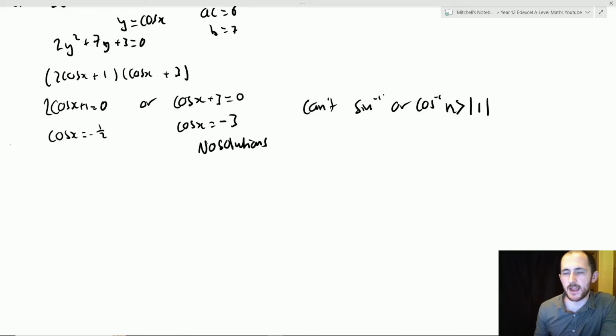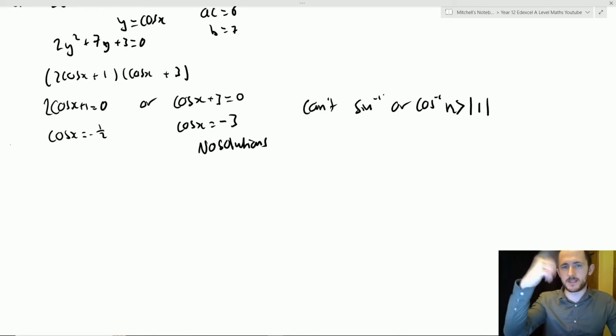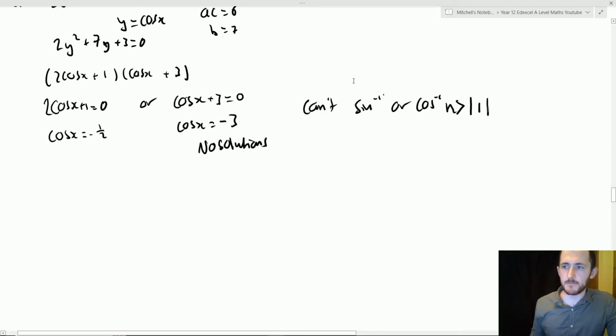If it's bigger than minus 1 or plus 1, you can't actually inverse cos it because they're a ratio of the opposite and hypotenuse. If opposite over hypotenuse is bigger than 1, it means the opposite side is bigger than the hypotenuse, which is impossible. So you can't inverse sine or cos numbers bigger than 1 or lower than minus 1.